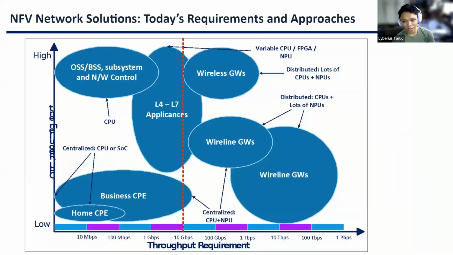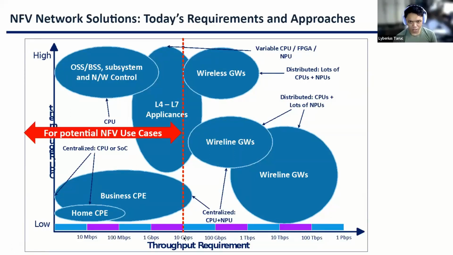Now, where are we right now in the industry? Remember that I said there is a limitation based on the current technology that we have. This graph was shown somewhere around 2015. Back then, we were limited to only up to 10 gigabytes.